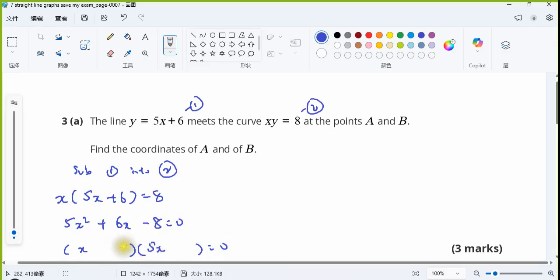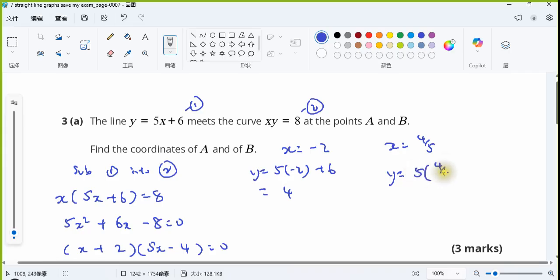5x and x, then 2 times 4 is 8, 10 minus 4 gives 6. So we have x equal to negative 2 and x equal to 4 over 5. So y will be 5 times negative 2 plus 6, then negative 10 plus 6, which is negative 4. And y equal to 5 times 4 over 5 plus 6, which is 10.